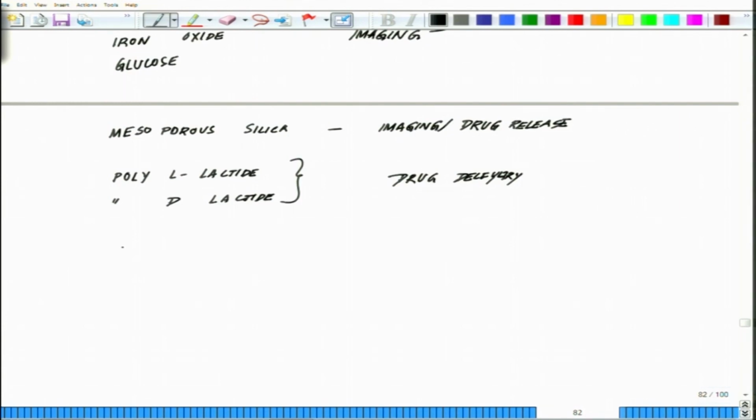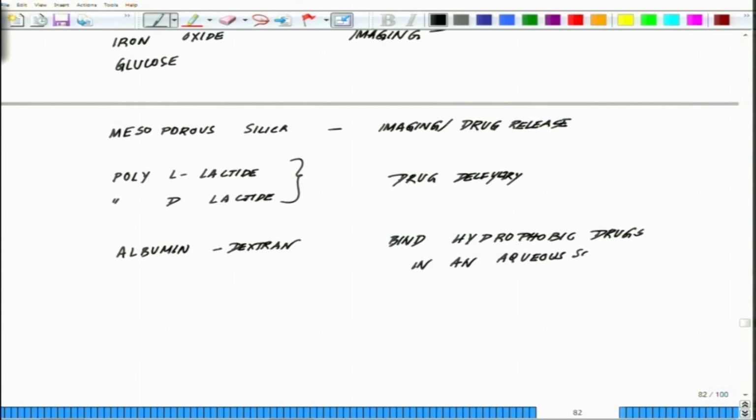You have albumin dextran, which is used to bind hydrophobic or water-hating drugs in an aqueous solution. In other words, they are increasing the solubility of these kinds of materials.